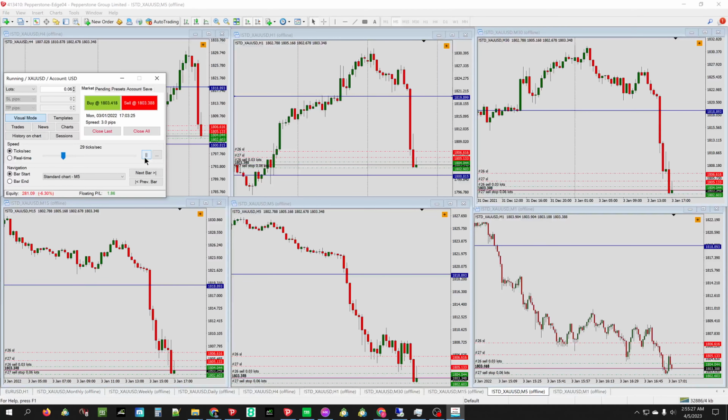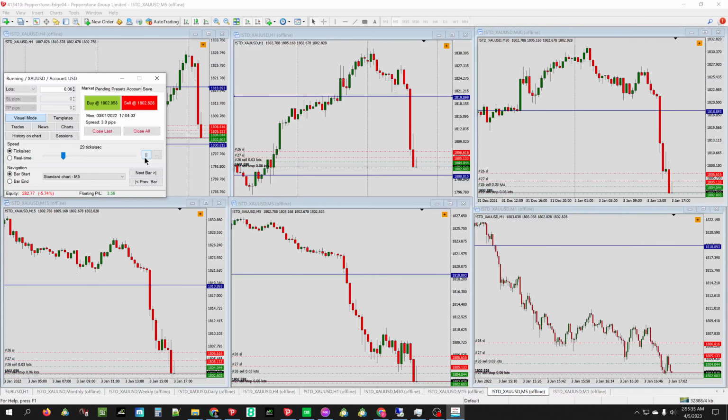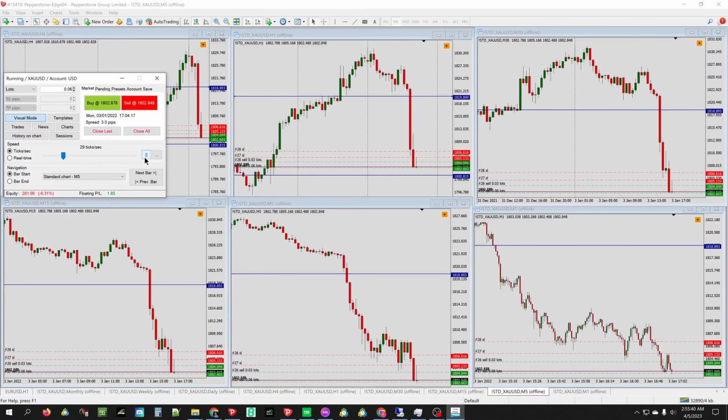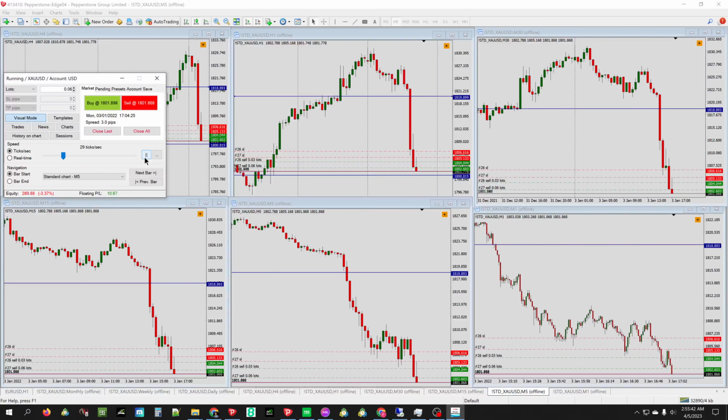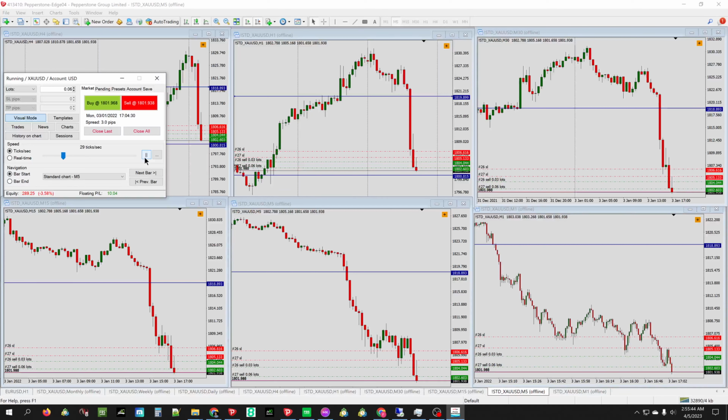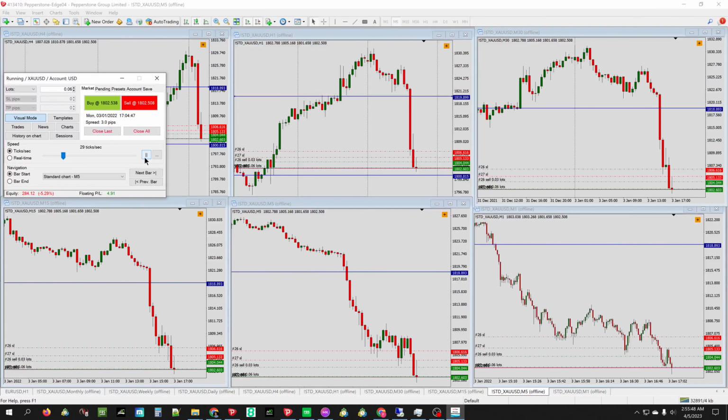I haven't adjusted my sell stop B grade setup for spreads, which I should, so I guess the spread is going to pick me up and stop me out, but let's see how it goes.